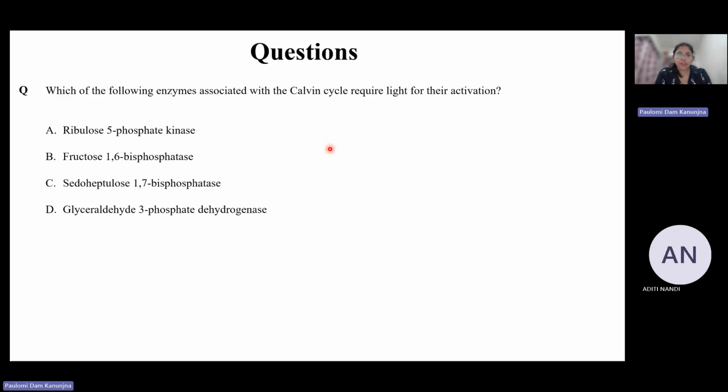You have ribulose 5-phosphate kinase, fructose 1,6-bisphosphatase, sedoheptulose 1,7-bisphosphatase, and glyceraldehyde 3-phosphate dehydrogenase. Which one of these enzymes requires light activation?